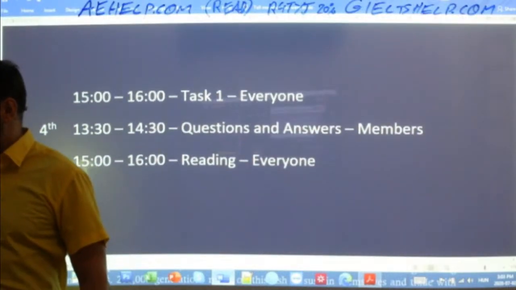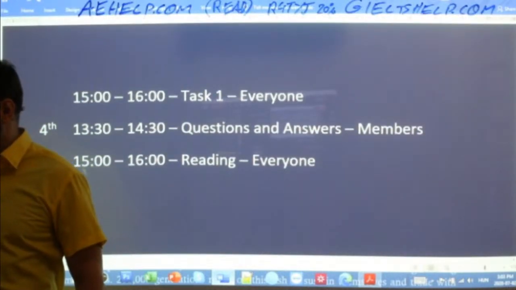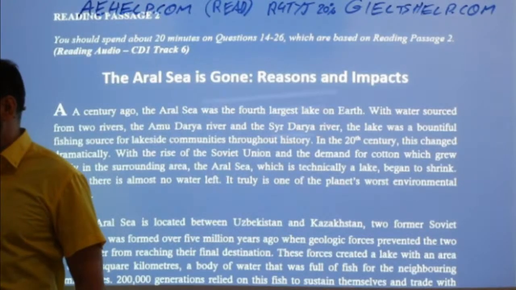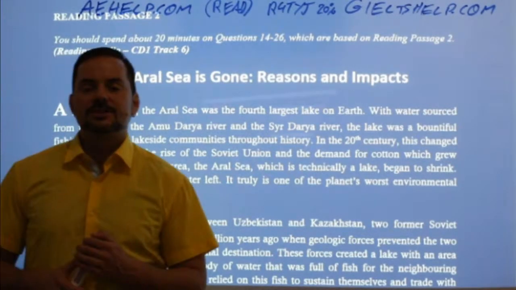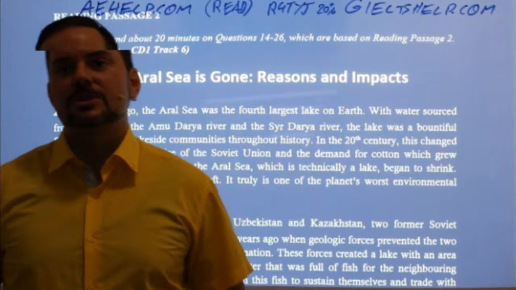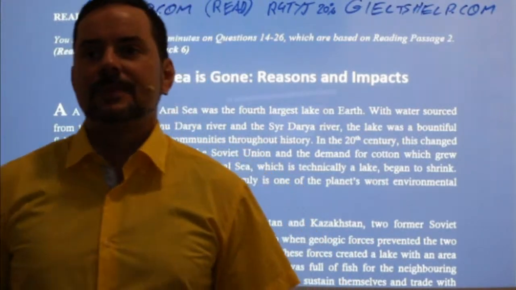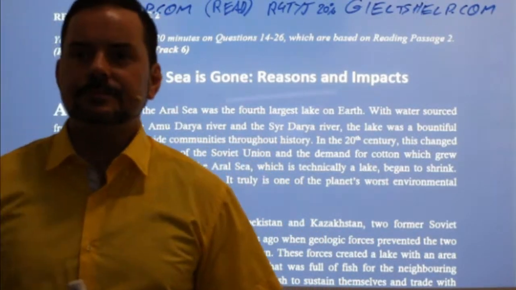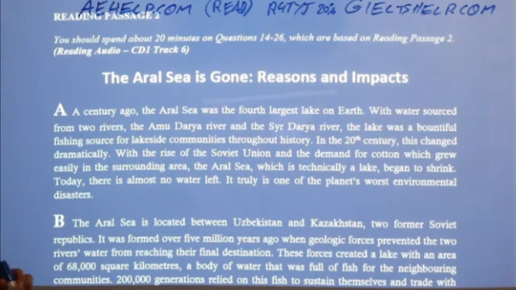Okay, let's get to today's reading passage. Kind of exciting, and I know we have lots of students and members from Uzbekistan as well. So this will be an interesting passage, and you'll see why. Here we go.